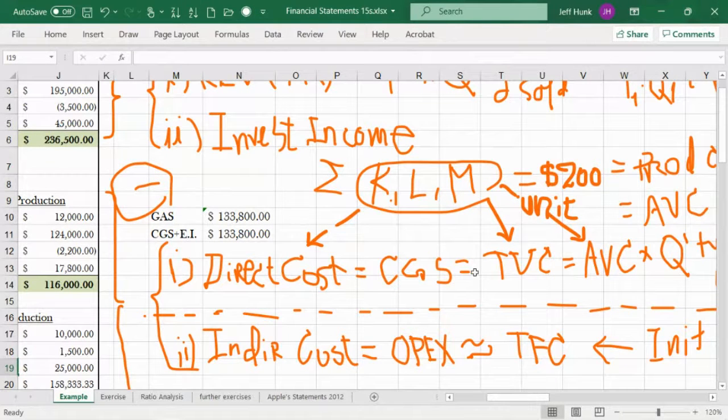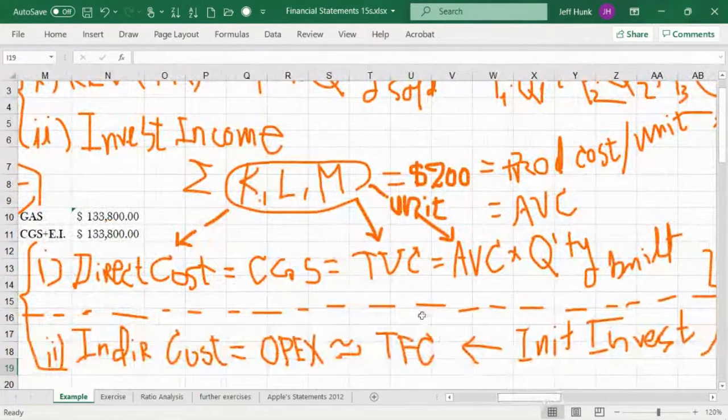It goes up and down with the output level. Hence, it's called direct cost. And in microeconomics, it's called the total variable cost. Variable means that it varies with the production level. Make sense?